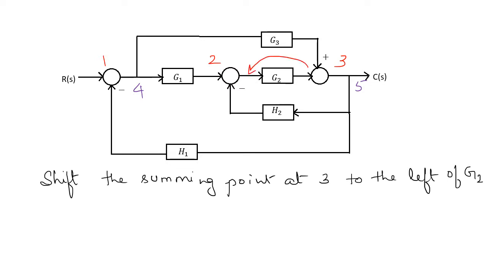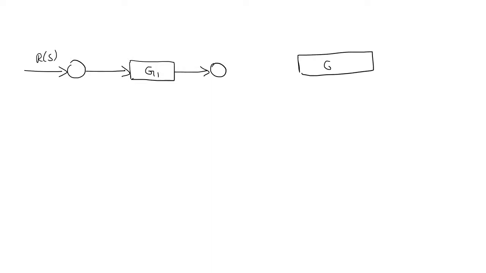When we shift it, we add a block equal to 1/G2. So our block diagram gets reduced to: first we have the input R(s), the block G1, and a second summing point. Then we have the block G2, and the output C(s).